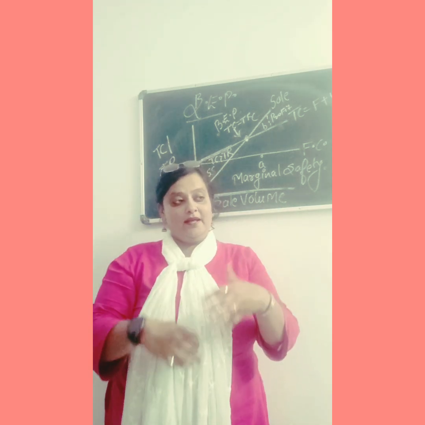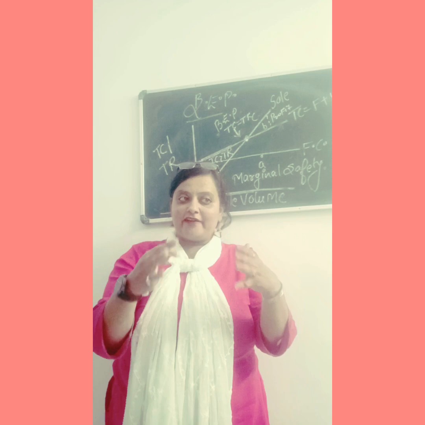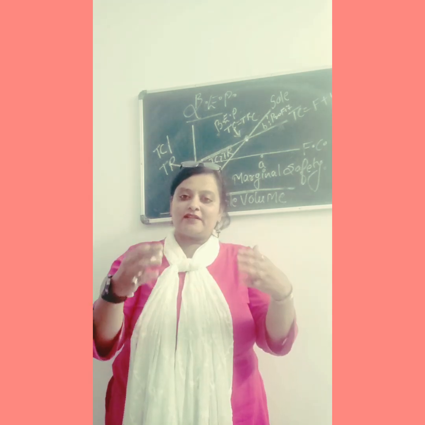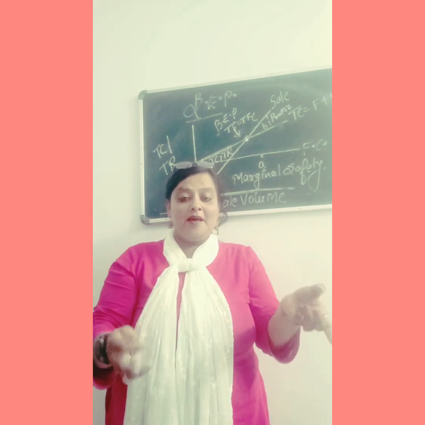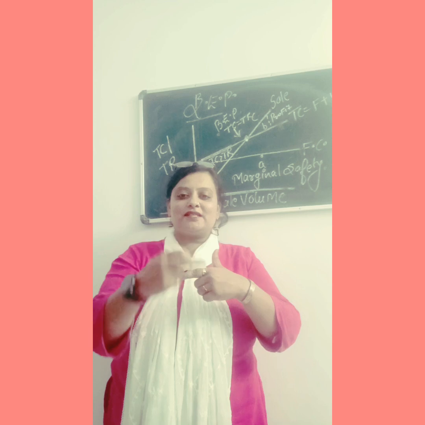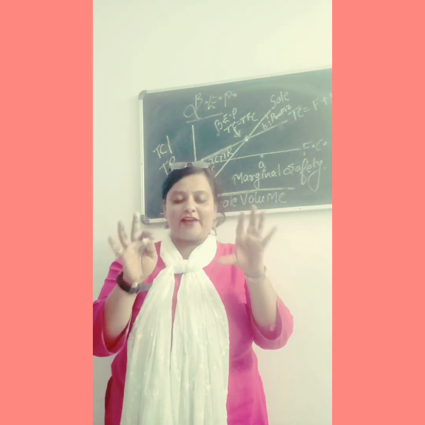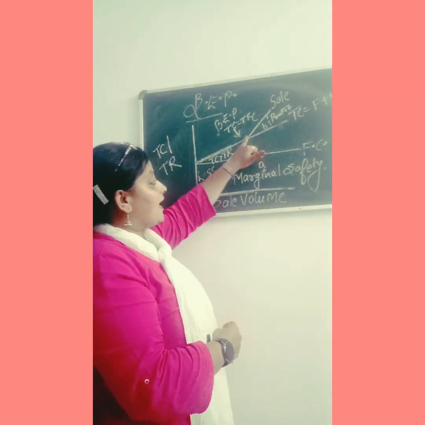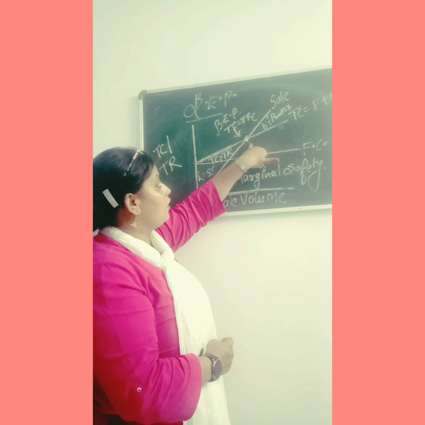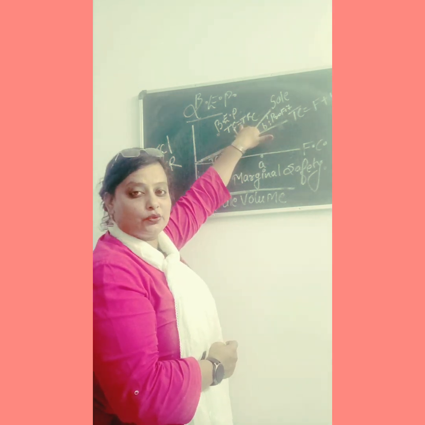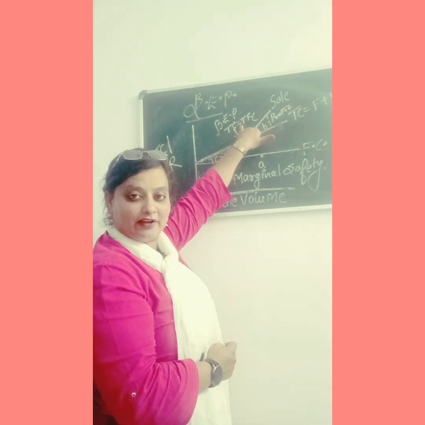For example, a firm invests 5 crore rupees into the factor cost of production, and it also gets sales volume of 5 crore rupees. So at that point, the total cost will be just equal to the total revenue.